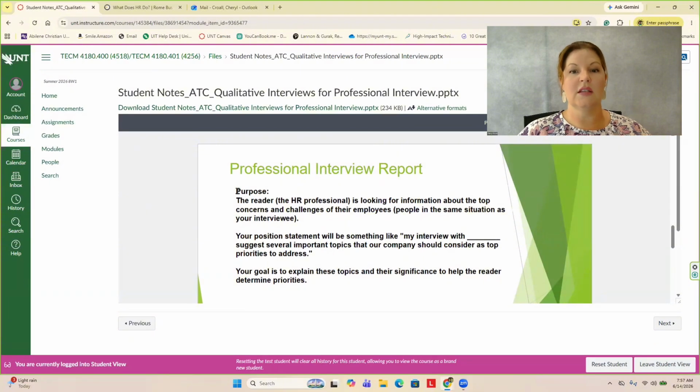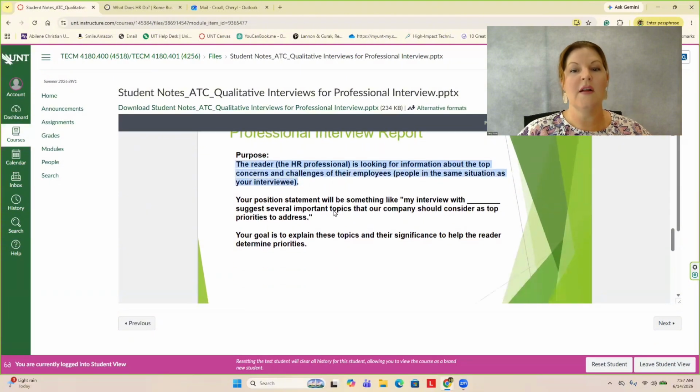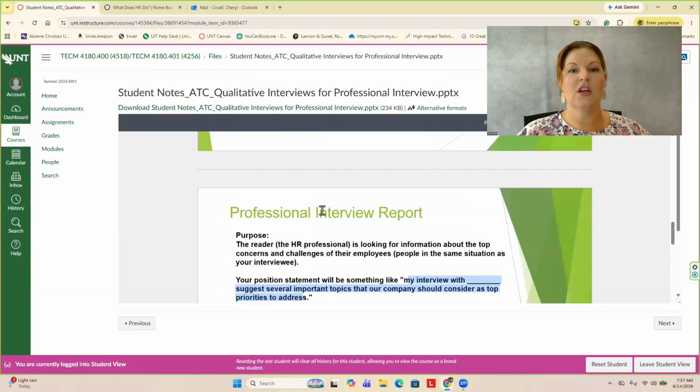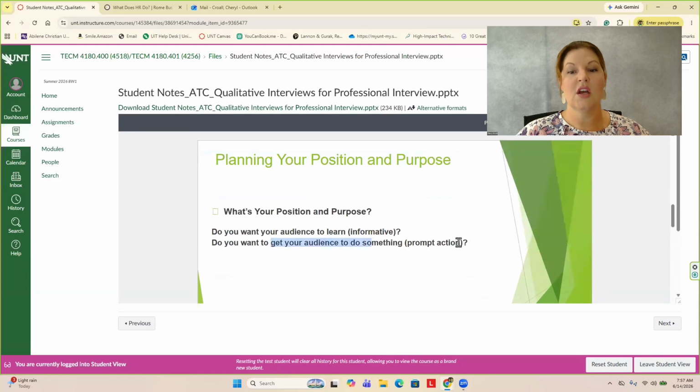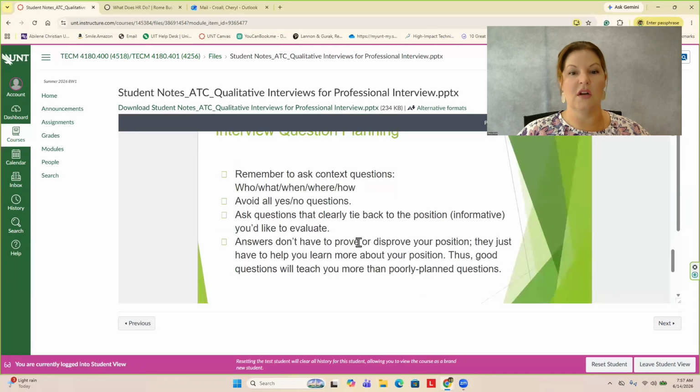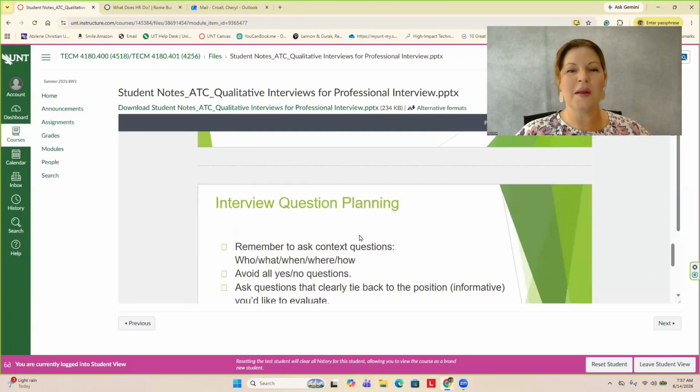My purpose: this HR professional is looking for information about our employees. And so maybe my position is, my interview with so-and-so suggests several important topics that our company should consider as top priorities to address over the next year. Then you're going to use your secondary resources to support the decision of which priorities you're recommending.